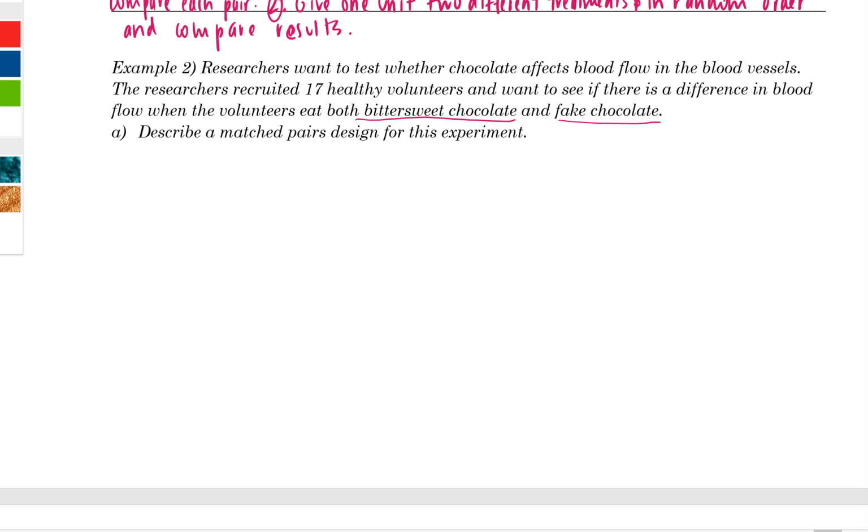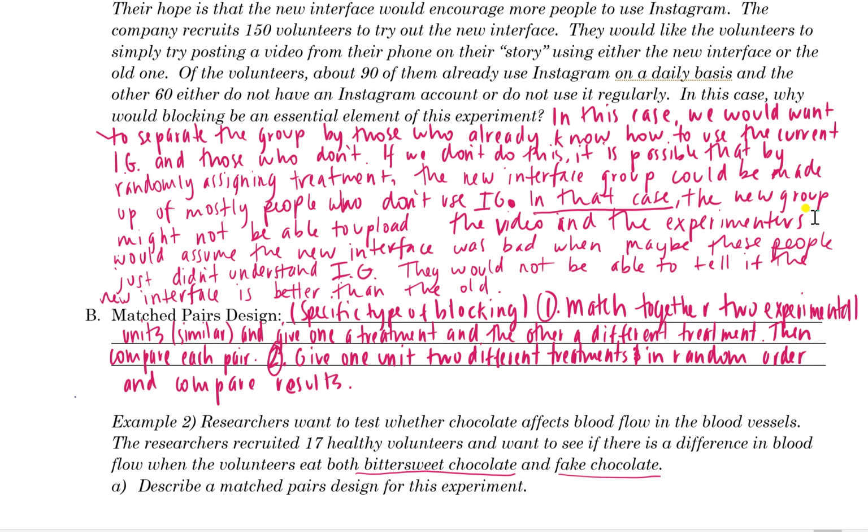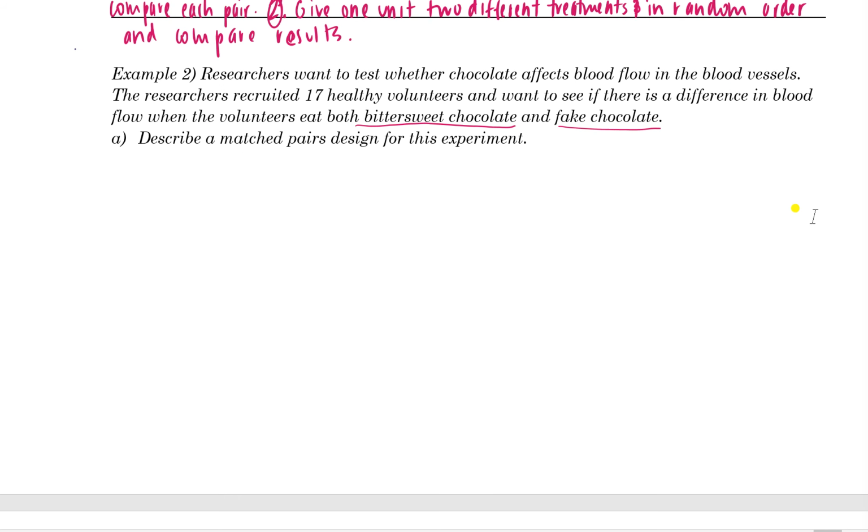So I don't really know what fake chocolate is, but we're going to go with it. That being said, I have two different treatments, bittersweet chocolate and fake chocolate. So what I want to do is make sure that each person eats both, and then I want to test their blood flow and see if the blood flow is better with the fake or with the real chocolate, or if there's any difference at all.